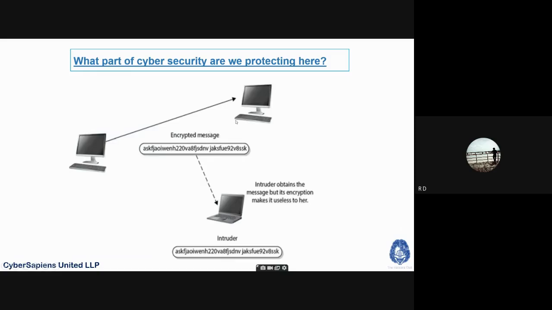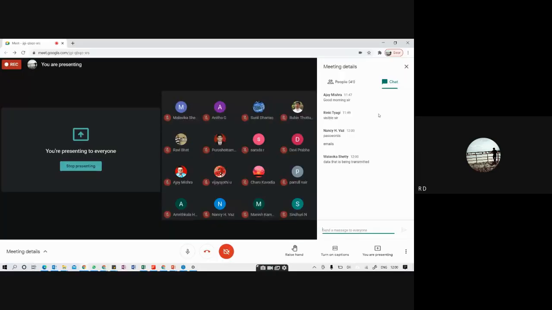We have implemented this control to protect some parts of cyber security. So the question is, what is cyber security? Cyber security is basically protecting dash dash dash of data. So what part of cyber security are we protecting here?